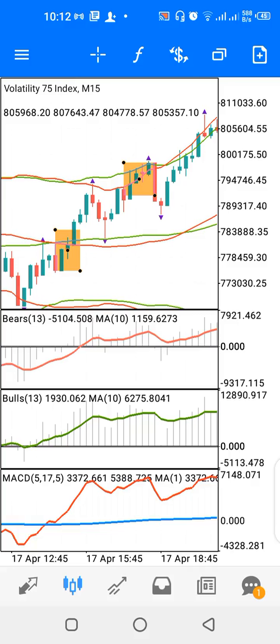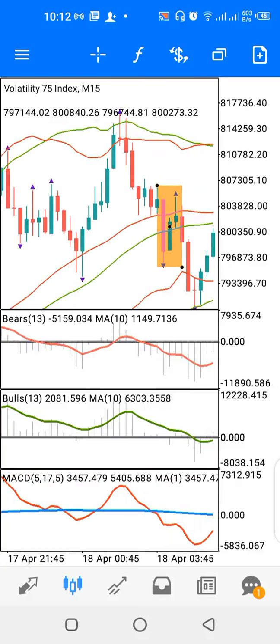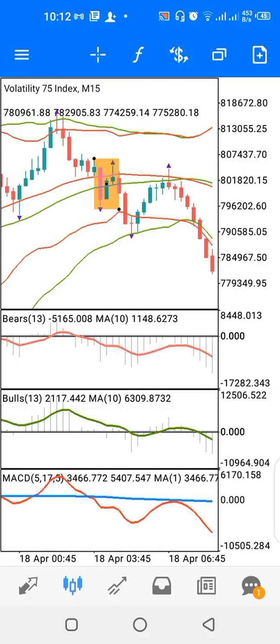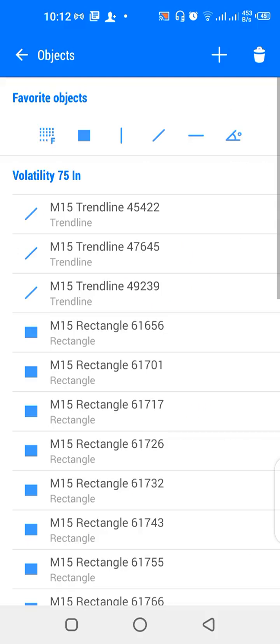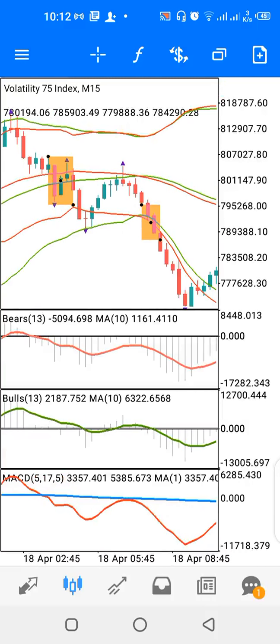That's where you have confirmation to continue to buy. Cross and close below, and then you now have price lapping around the lower Bollinger Bands. That's confirmation for you to continue to sell.